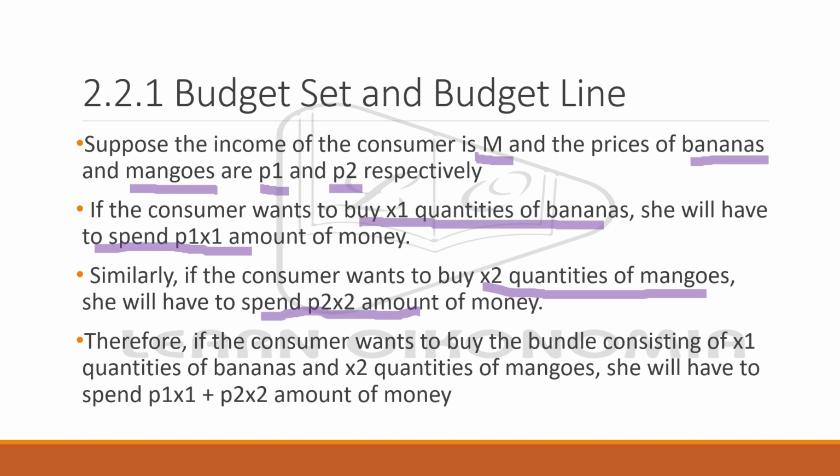So from this, we can consider that the consumer would be buying that bundle which would be consisting of X1 quantity of banana and X2 quantity of mango. So he will be spending a proportion of money, or he would be making his expenditure which would be equal to P1 X1 plus P2 X2, and P1 stands for the price of banana, and X1 is the quantity of banana that he is consuming, and P2 stands for the price of mango, X2 stands for the quantity of mango that the consumer is purchasing.